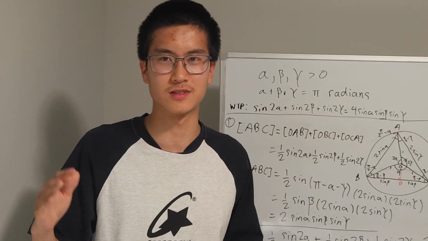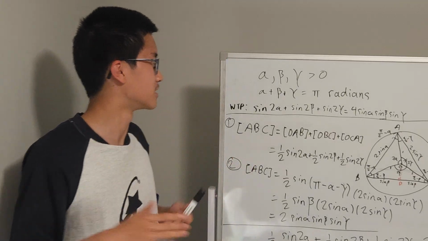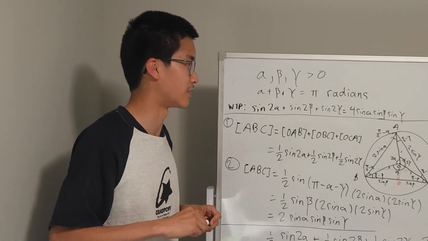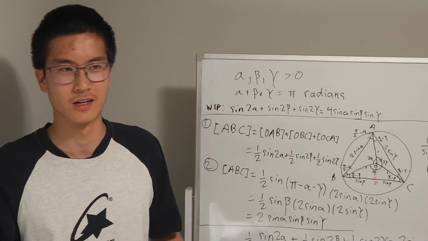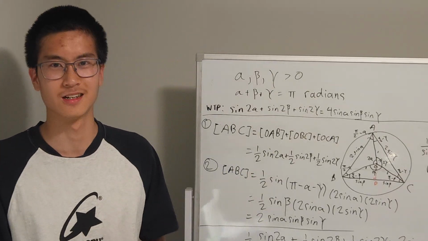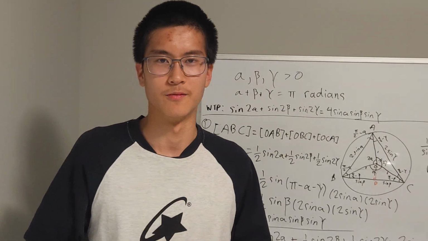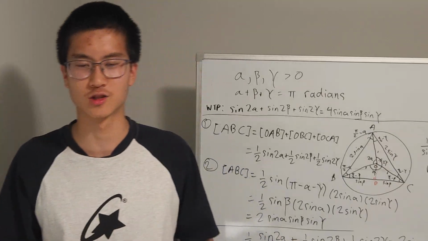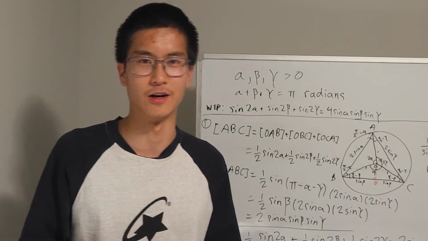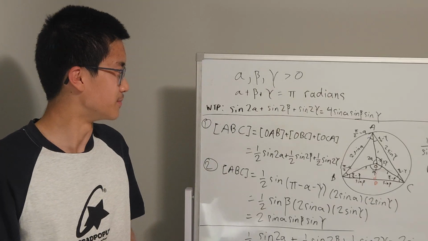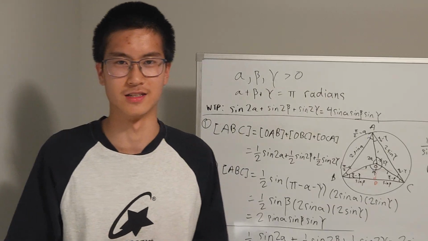Especially if you see angles like in this case. We have pi radians, 180 degrees. This hints a lot towards circles and triangles. Usually in these geometry diagrams there will be triangles or triangles inscribed into circles. So just be on the lookout for this strategy.